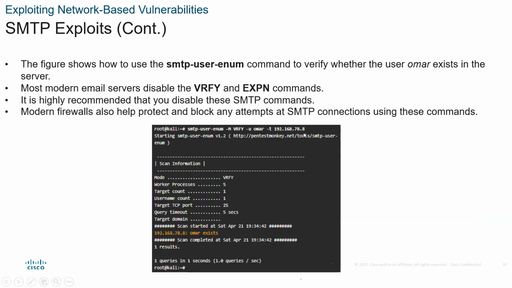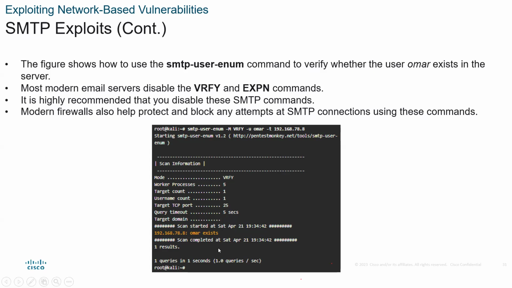So I want to verify if this particular guy is running SMTP on this address, right? It begins to scan, start enumeration. The mode is verify. Worker processes are 5. The target count is 1. Username count is 1. The target TCP port is 25. Query timeout is 5 seconds. Target domain. So it begins the scan.